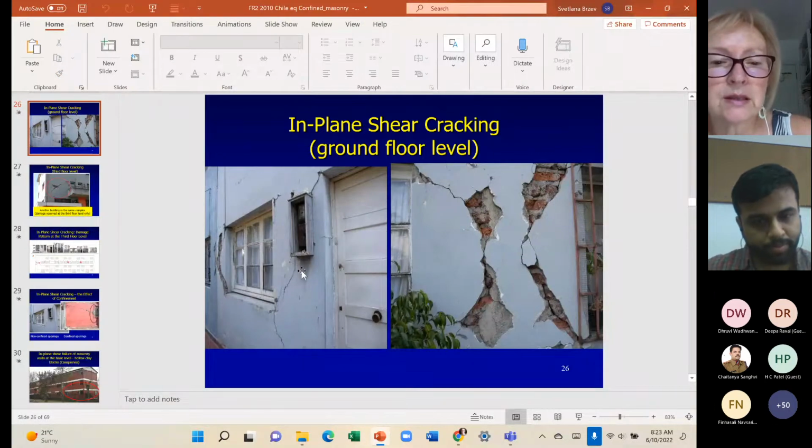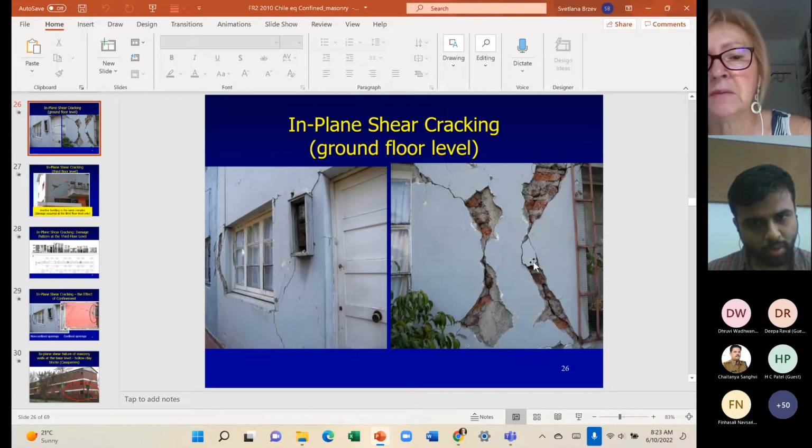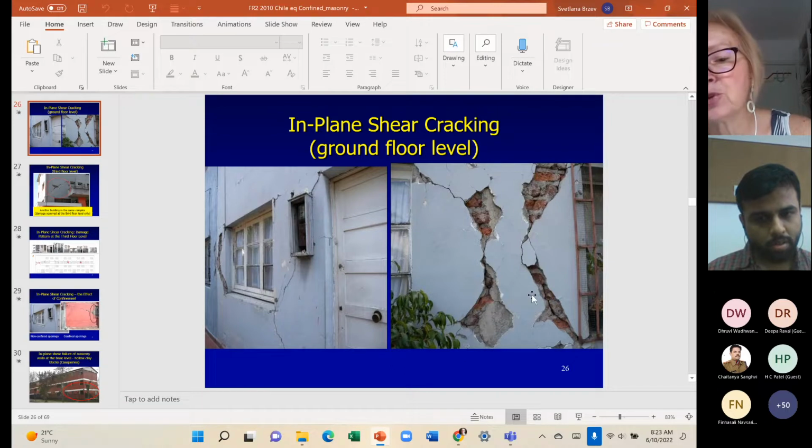So these are cracks in plaster, that's right. In the middle one, because it is a pier, there is a crack. There is also a plaster crack, but if you look at this portion, there is also a crack in the bricks. So again, what would be the repair technique for this?